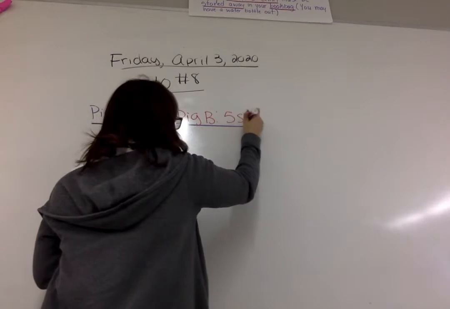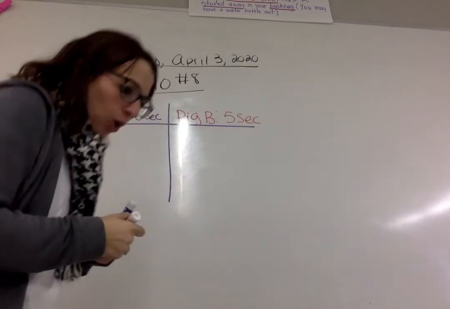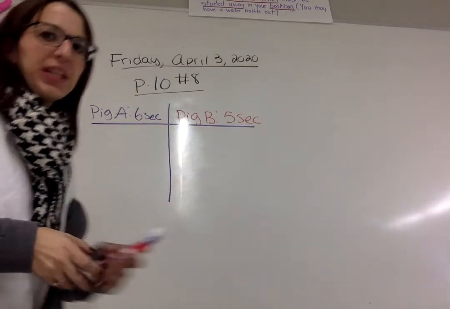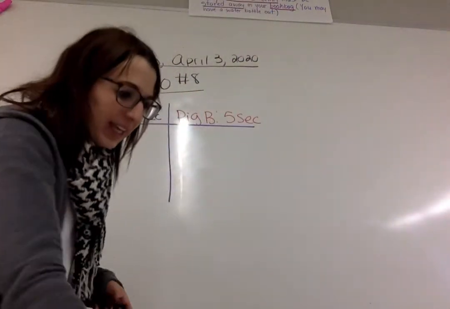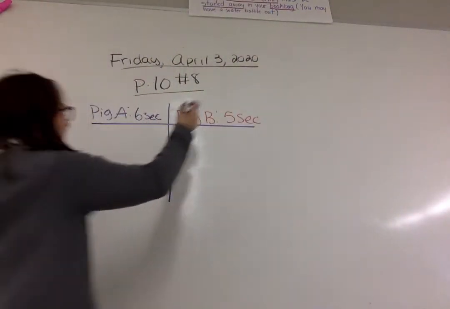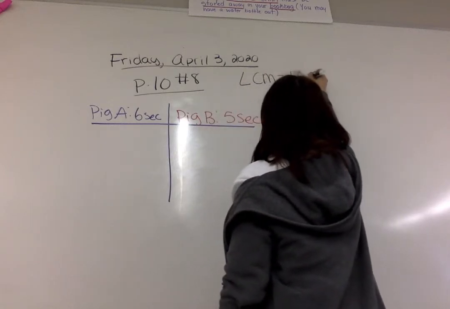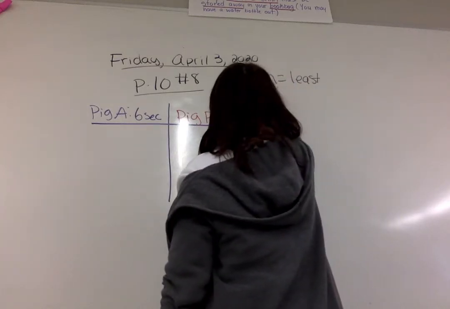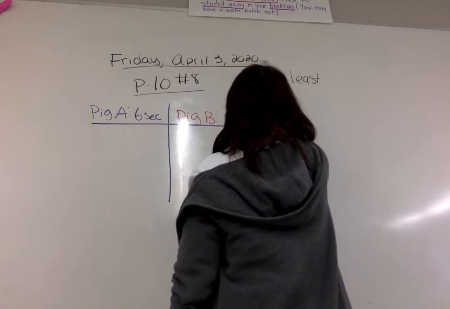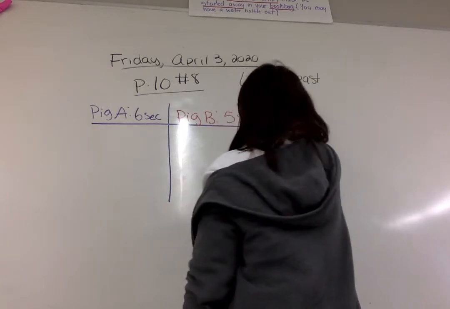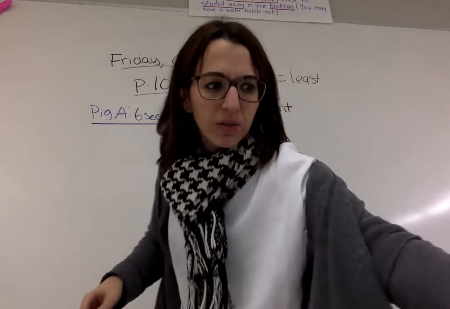And pig B is 5 seconds. Now, we have to figure out if we're doing the LCM or the GCF. And the key word here is least. So when I see the word least, I'm going to do the LCM, which means I'm going to skip count to get my multiples, which are the products.